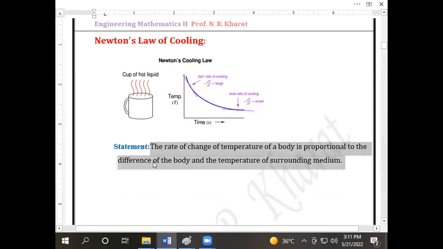It means when we keep a hot body in the surroundings, the heated body changes its temperature as time elapses.